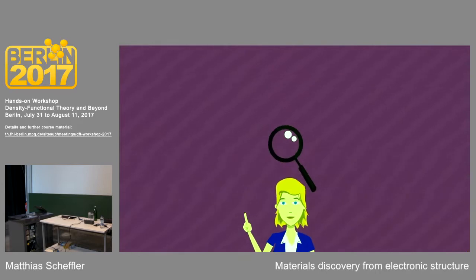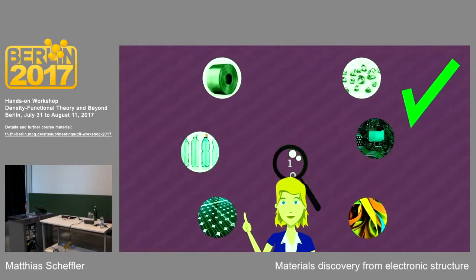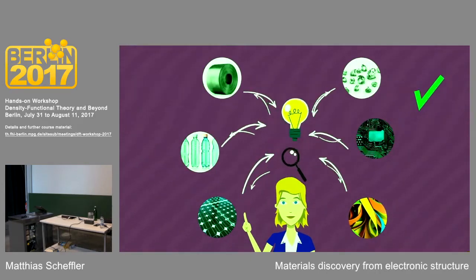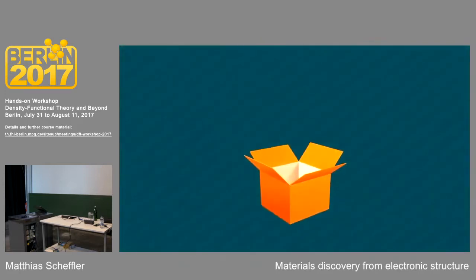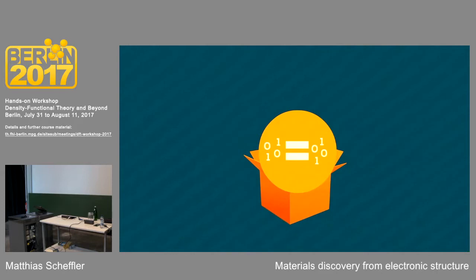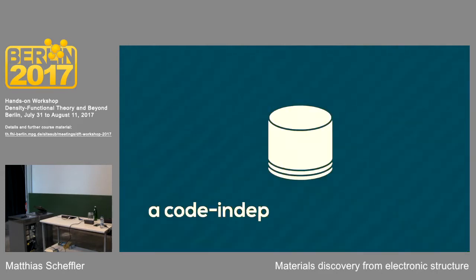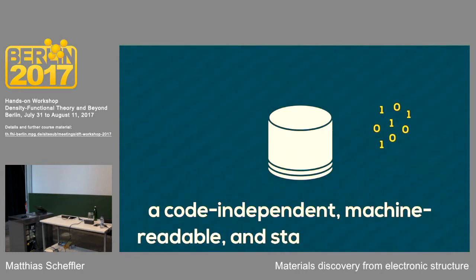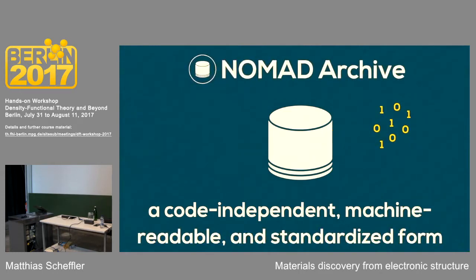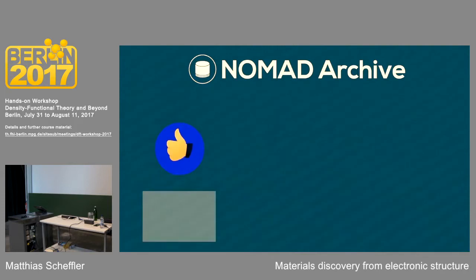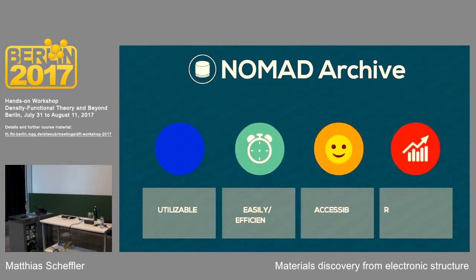It also enables a confirmatory analysis of materials data, their reuse and repurposing. As the NOMAD repository includes extremely heterogeneous data, which do not allow for direct comparison, these are being processed into code-independent, machine-readable, and standardized form. This is the NOMAD archive, which provides the open access data from the repository in an easy-to-use and easy-to-access way.